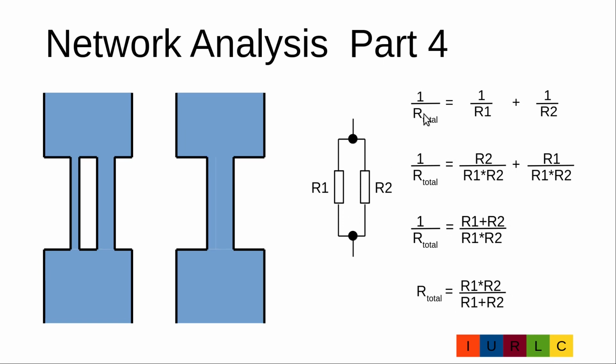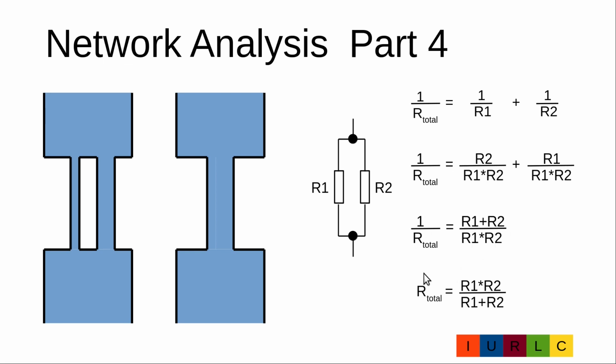We know 1 divided by R total is 1 divided by R1 plus 1 divided by R2. So we extend the first term with R2 and the second term with R1. And then we get 1 divided by R total is R1 plus R2 divided by R1 multiplied with R2.